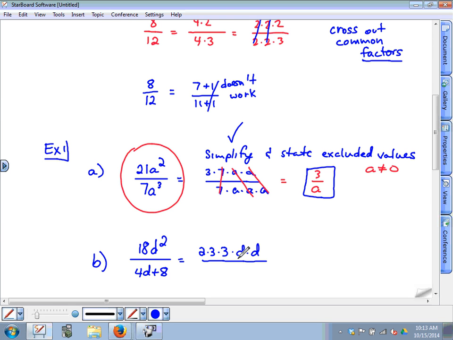We're not actually going to be able to write it as just a bunch of things multiplied together. What factors out of 4d plus 8? What can we take out of that? We can take out a 2, but there's something bigger we can take out besides a 2. Let's take out a 4.